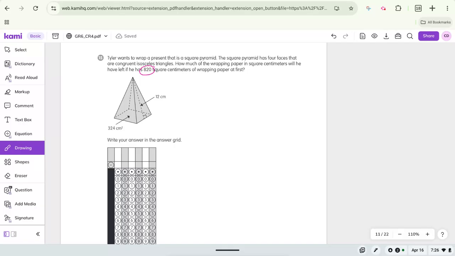for this pyramid, the surface area, we're going to find the area of the base, which is actually already given to us. The area of the base is 324 centimeters squared. Plus, we also have these 4 triangles that go around the sides. So I'm going to find the area of the triangle, and multiply it by 4.